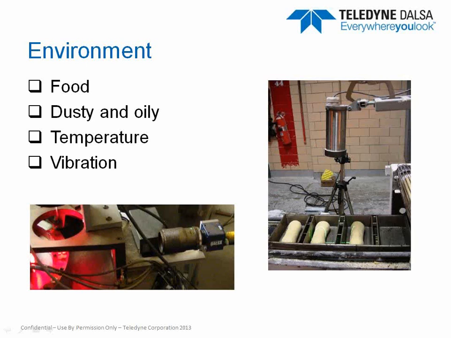Temperature, a lot of places require high temperature, especially if you're closer to like a press or some kind of a furnace. So try to keep the camera cool, with caution not to create condensation inside where the camera is, or then you'll start fogging up the lenses for the CCD.